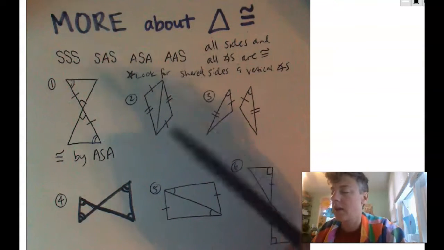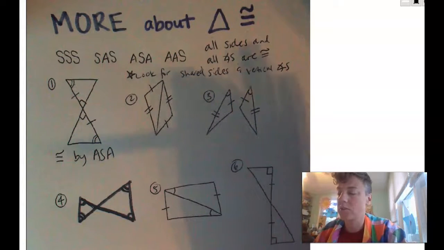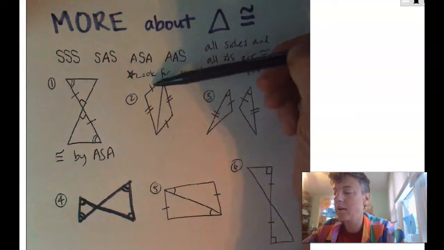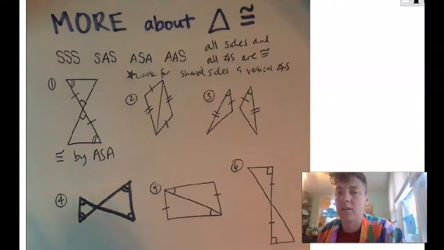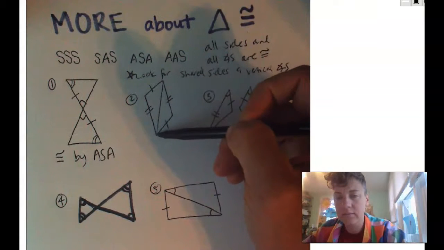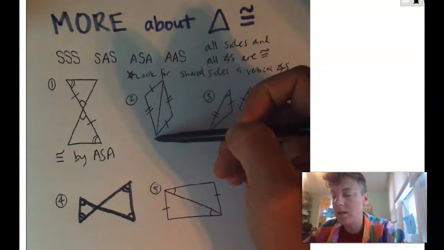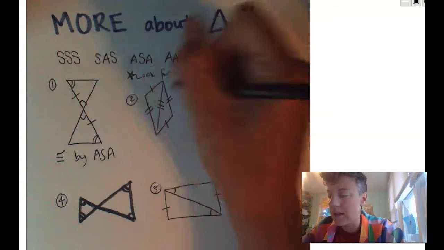Cool. Alright, let's look at question number 2. It's got 2 triangles that are smashed next to each other. It's got a pair of sides that are congruent, another pair of sides that are congruent, and then they share this side. That side is part of both triangles. So that side has to be congruent to itself.